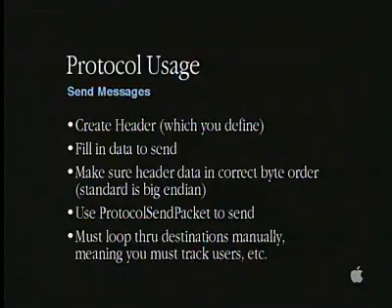The type of message should probably be in there unless you have some other way of identifying them. So you're going to fill in the data. You're going to make sure that the data is in the correct byte order, especially in the header. And the internet standard for sending is in Big Endian format. It's just a Unix kind of standard with a POSIX code.